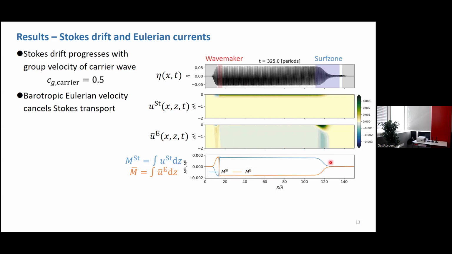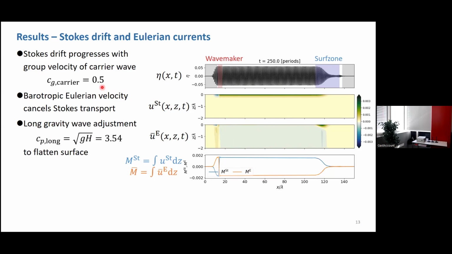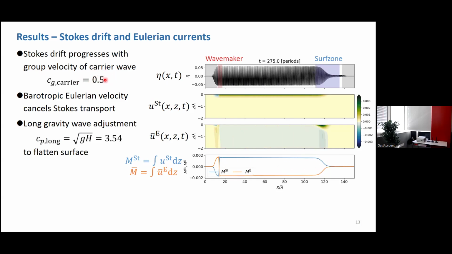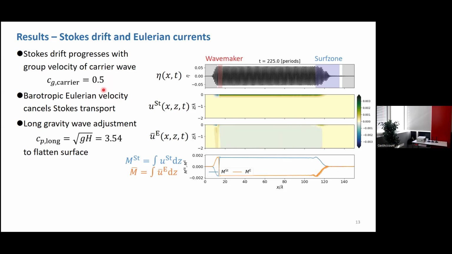This can be understood as a long gravity wave adjustment, because the propagation of the carrier waves, or the Stokes transport, has a non-dimensional group velocity of 0.5, but the phase speed of the long gravity wave, which is in the shallow water regime, is 3.54, which is much larger than the propagation speed of the Stokes drift pattern.